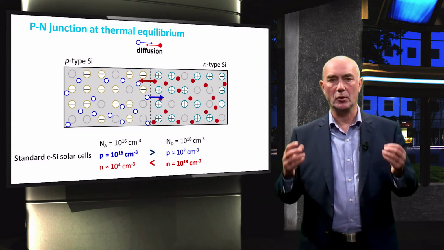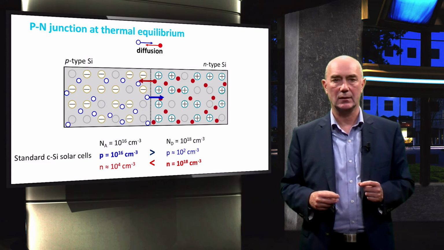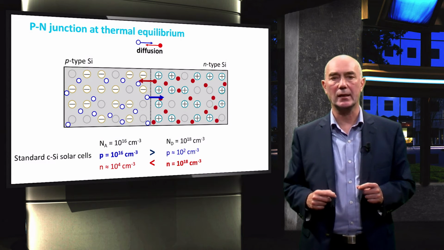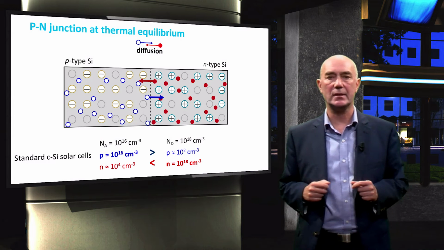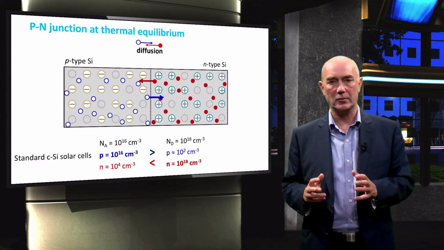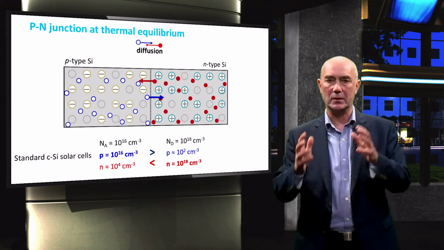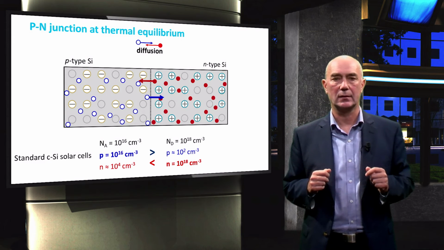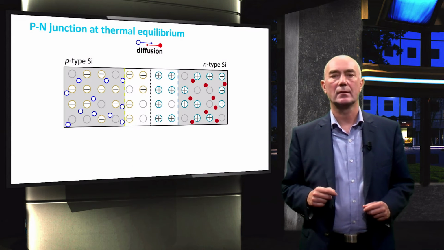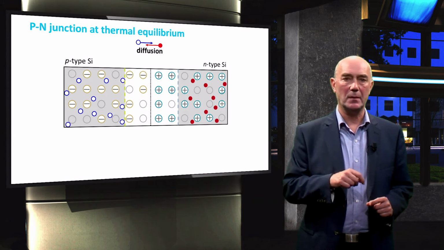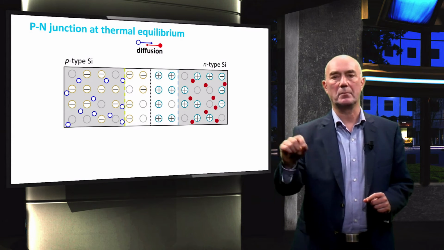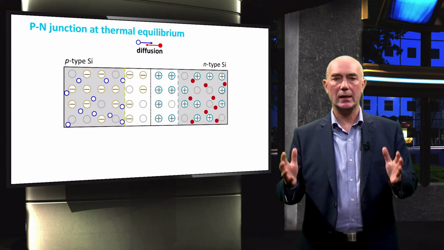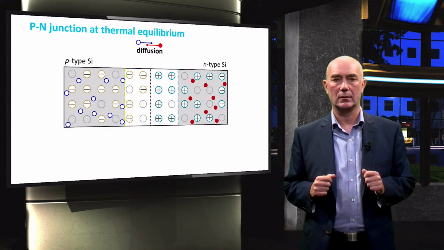Because of this enormous concentration gradient and the mobility of holes and electrons, holes will diffuse from the p-type to the n-type crystalline silicon, and electrons will diffuse from the n-type to the p-type crystalline silicon. The holes that move to the n-type region and the electrons that move to the p-type region will quickly recombine with each other.